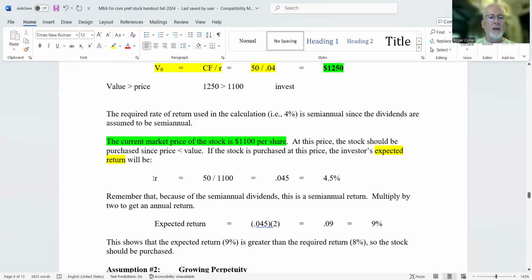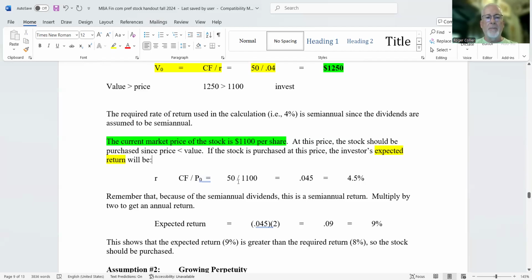And the formula for that expected return is the cash flow or the dividend divided by the current market price. Right? P for price, 0 for now or the beginning of the timeline, the current market price.